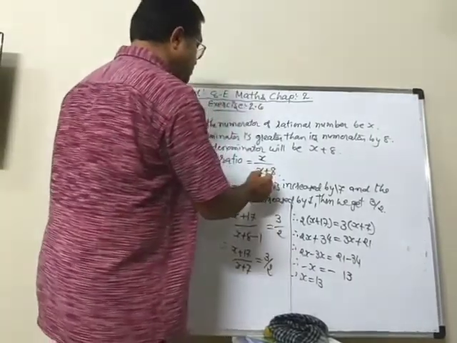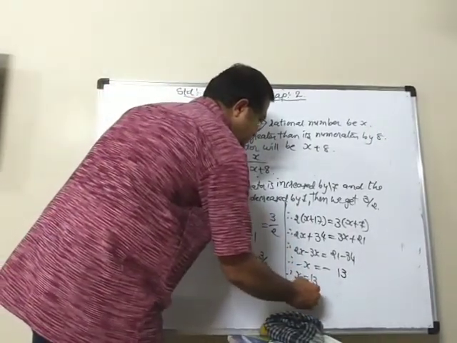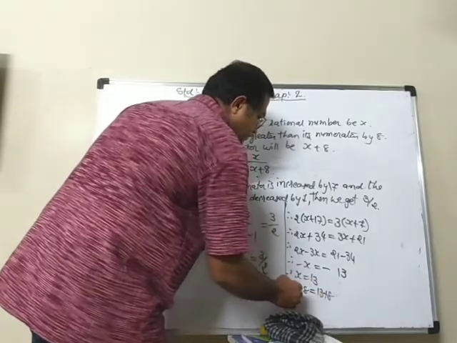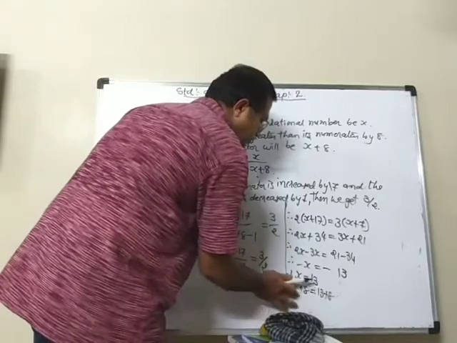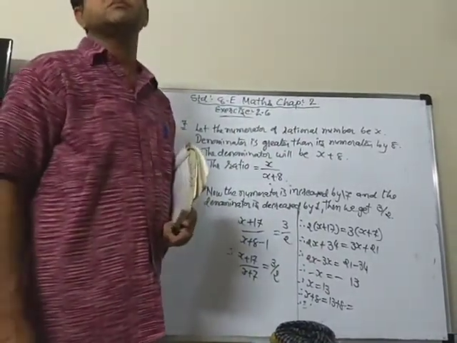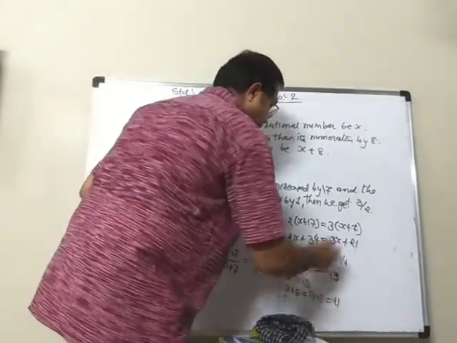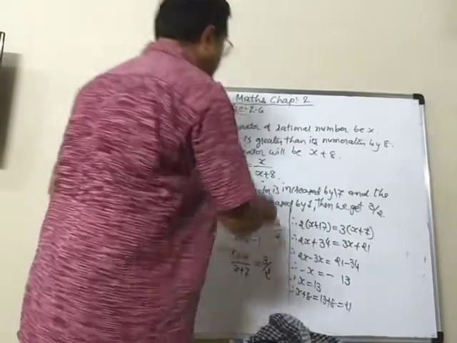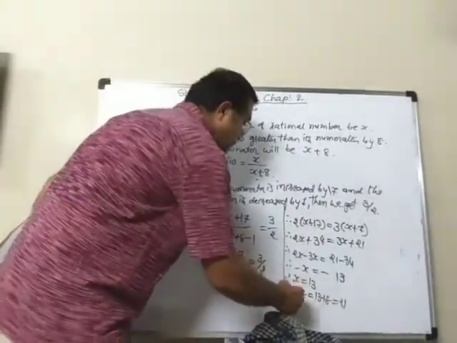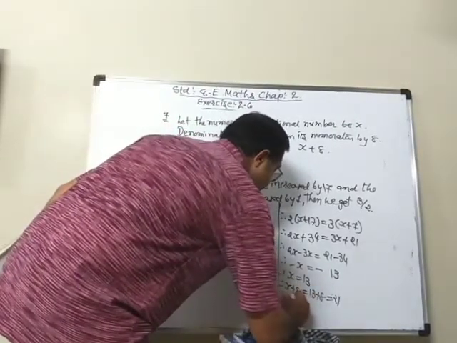And what is denominator? Therefore x plus 8 is equal to 13 plus 8, or you can directly do it here. 13 plus 8 how much? 21. Therefore, for the final answer we have to write down the fraction, because we have to find the rational number.